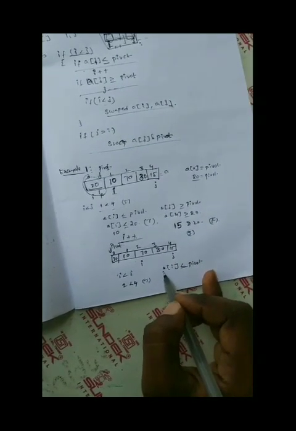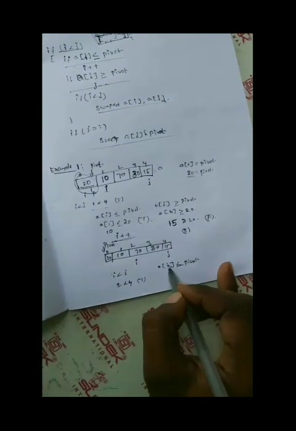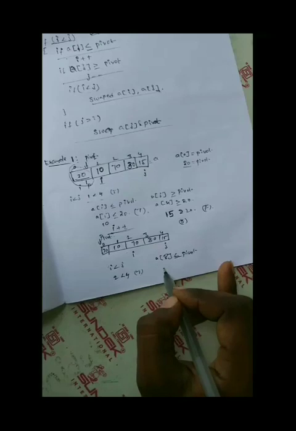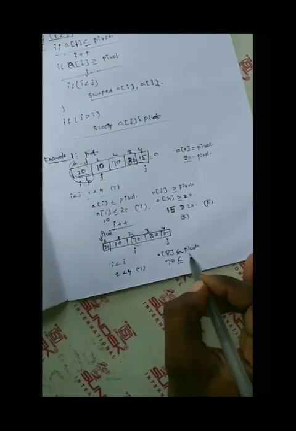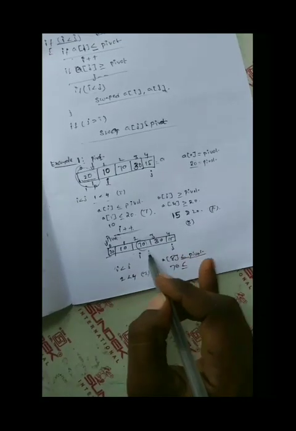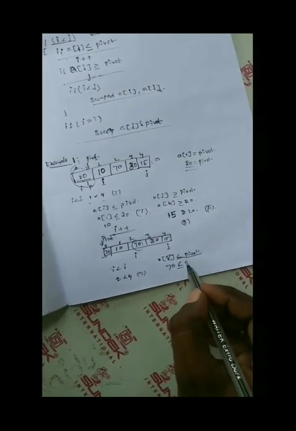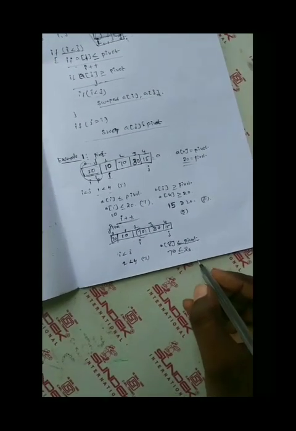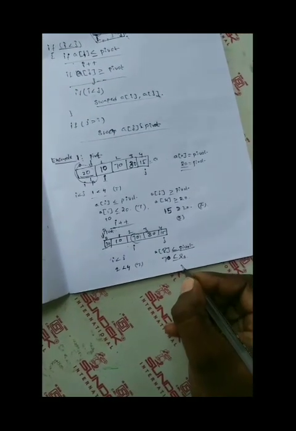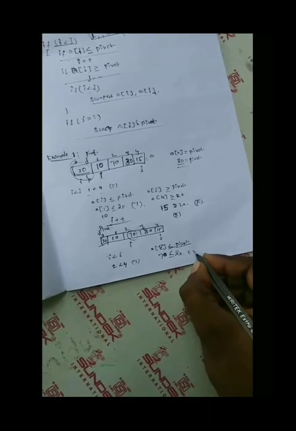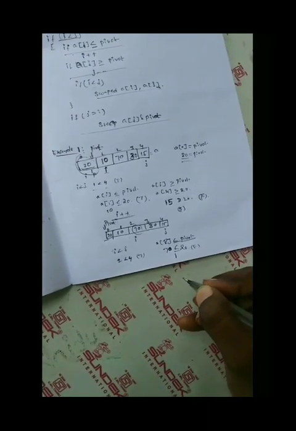A of I, in the sense the I value is 2, so that is A of 2, which is 70, less than pivot 20. Here the pivot is 20. So is the condition true? No, it's false, and the I value does not get changed.